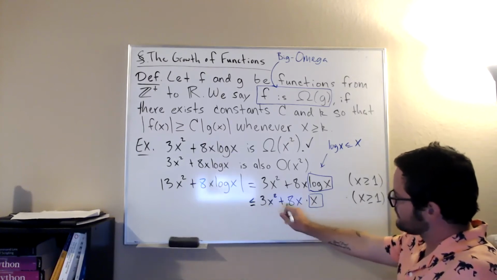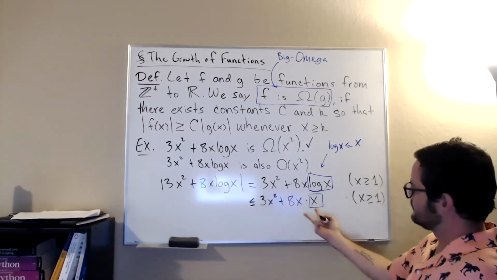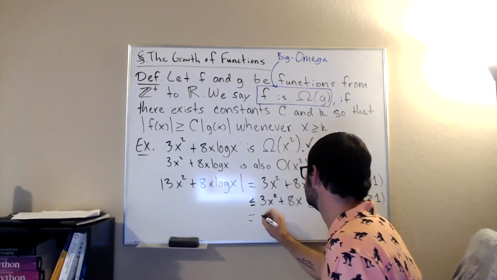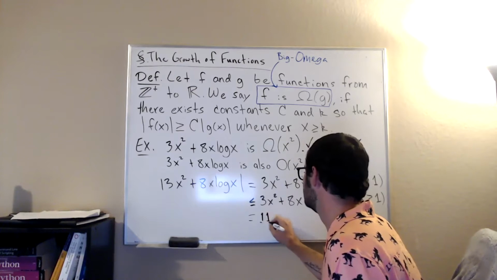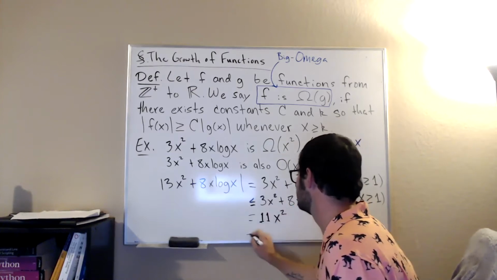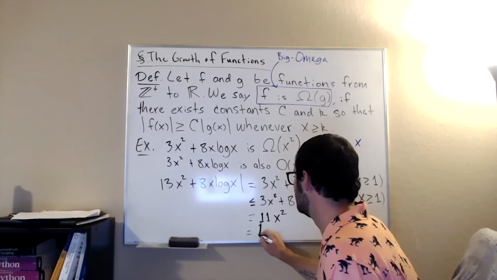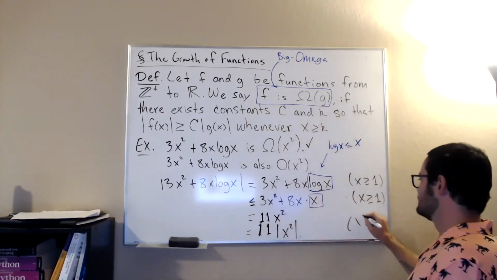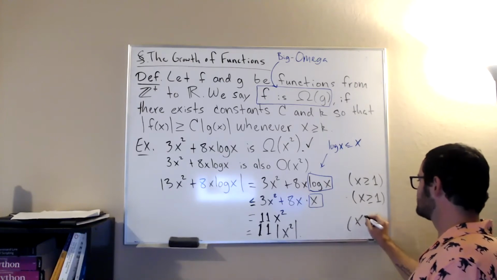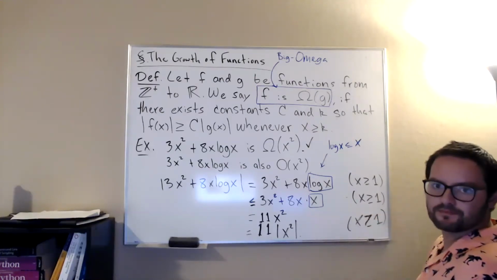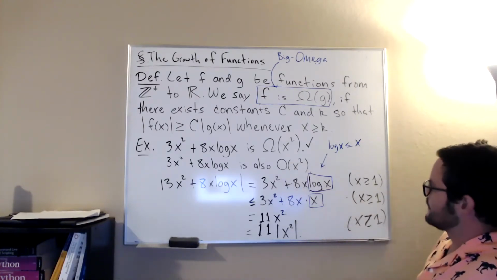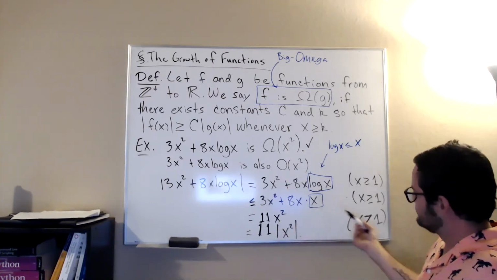But then I have 3x squared plus 8x squared. These two x's are multiplying. So this is going to be 11x squared, which is equal to 11 times the absolute value of x squared. Again, x needs to be greater than or equal to 1 in order for these to string together. But okay, so that means that we take c equal to 11, k equal to 1.